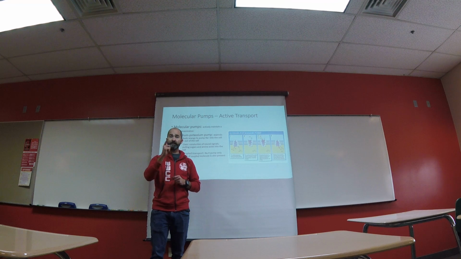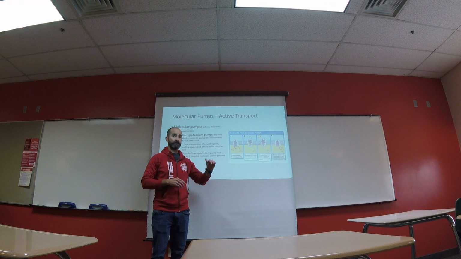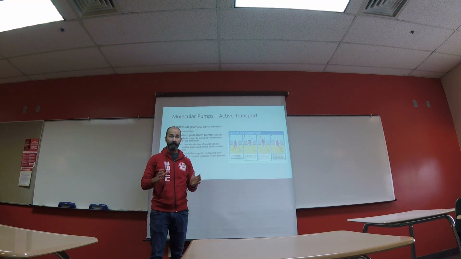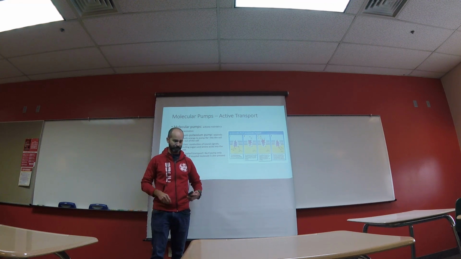So when a neuron receives a signal, that gate opens up and those concentrations go away. That's a signal that's transmitted down the length of an axon. So the sodium-potassium pump, just to sum this up, is important because it maintains an electrochemical gradient that facilitates neural responses and neural communication.